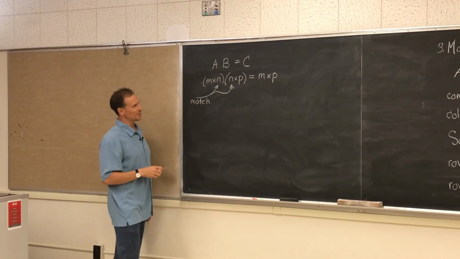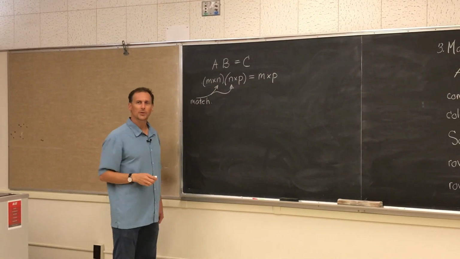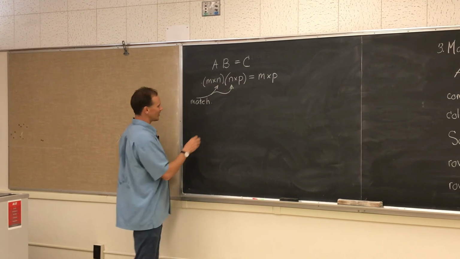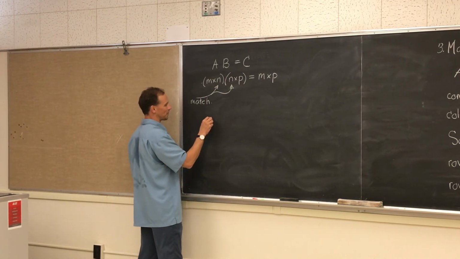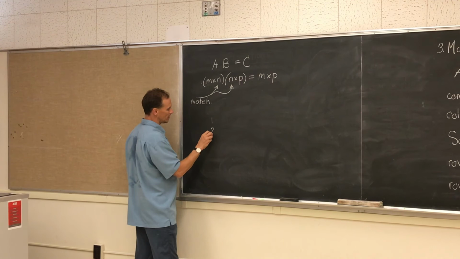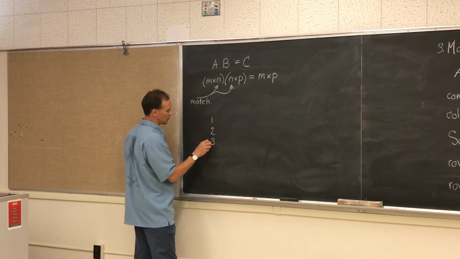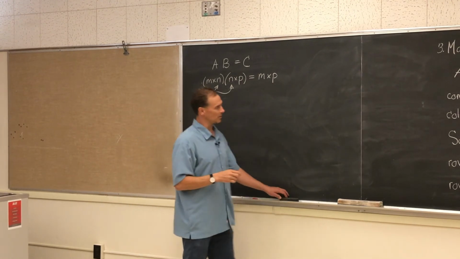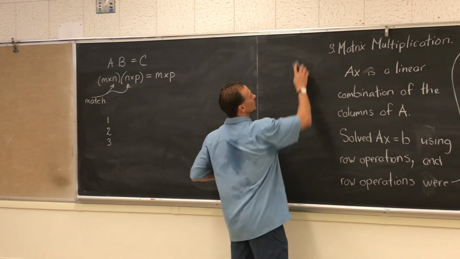All right, let's look at one more example, one more perspective. Let's try this. How about if we had the vector 1, 2, 3. I'm going to write it over here. So look, this will work better.